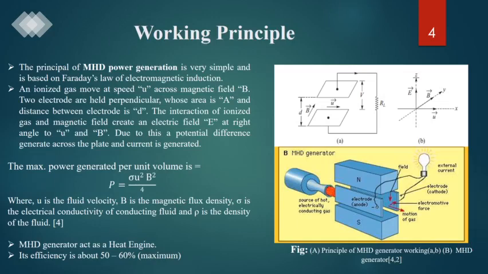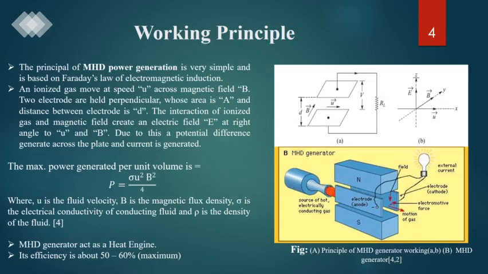When ionized gas passes between these two electrodes at a speed u, and we have already generated a magnetic flux B there, the gas interacts with the magnetic flux and an electric field is generated.